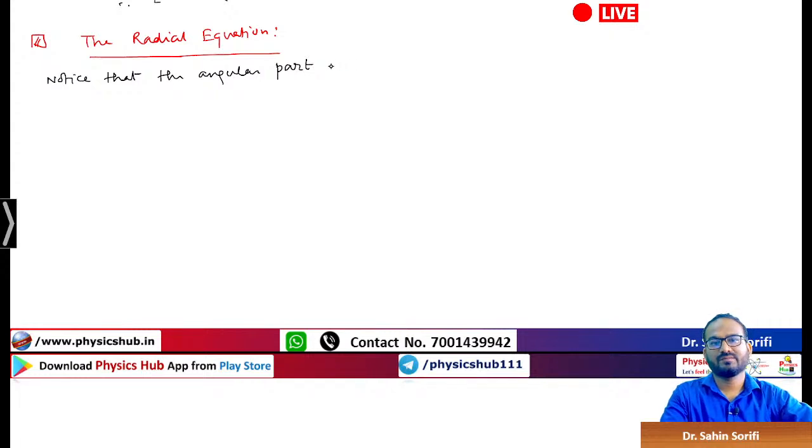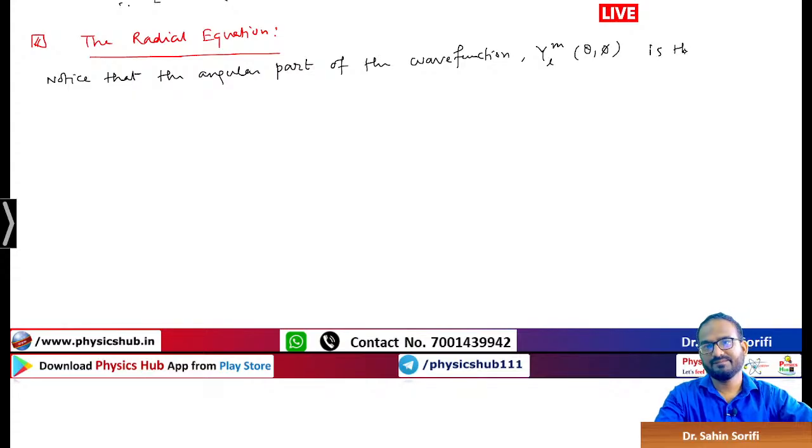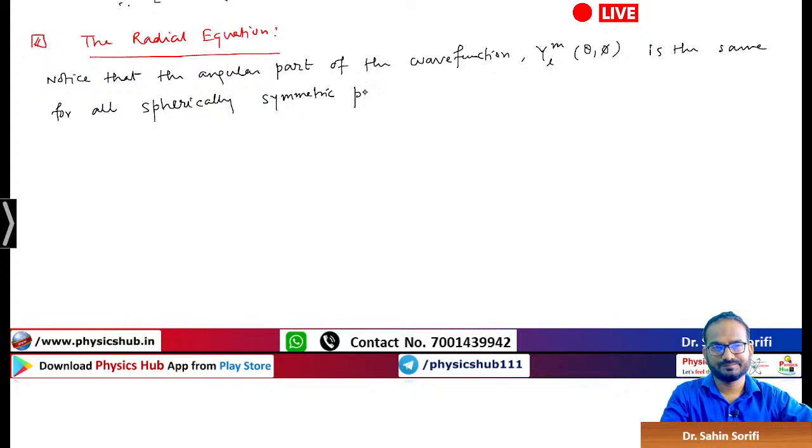Notice that the angular part of the wave function, Y_lm of theta, phi, is the same for all spherically symmetric potentials. It is not just true for the hydrogen atom problem, but it is true for all spherically symmetric potentials.